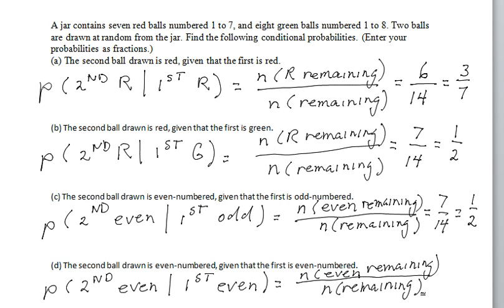We started out with 7 even, and we've picked 1 even out, so we now have 6 even left and 14 left, which reduces to 3/7.